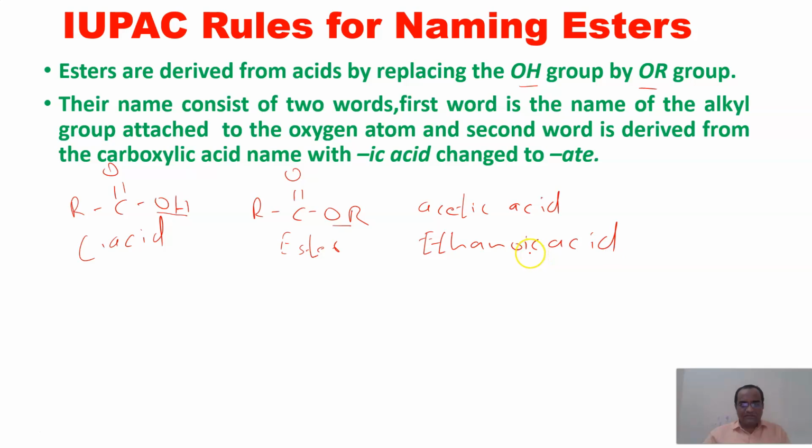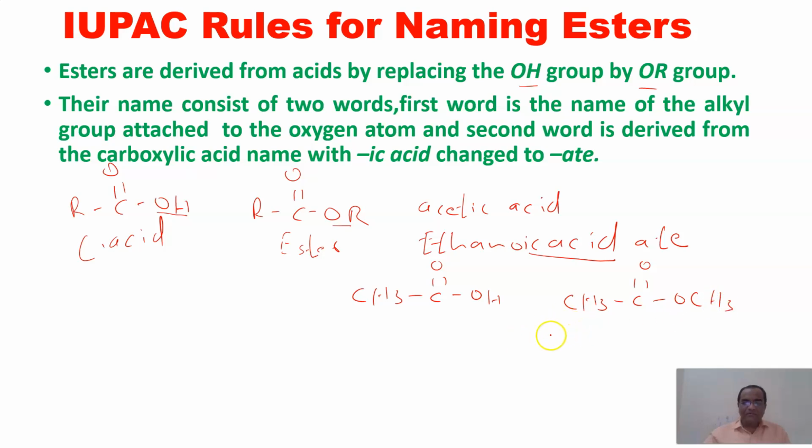So replace this oic and write ate. If I draw the structure of acetic acid, this is the acetic acid structure. If I have to write ethanoate, it will have a little more modification, that is C double bond O, CH3.